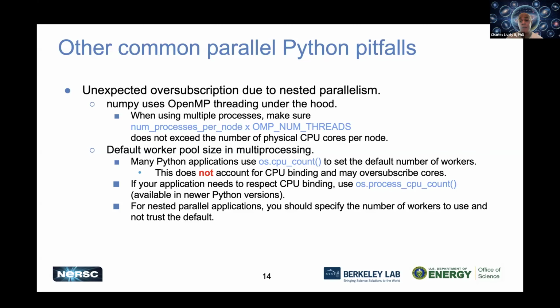If you need to respect appropriate CPU binding, make sure you use the process_cpu_count method instead, which is available in newer Python versions. Important to keep in mind with any nested parallel applications: specify the number of workers you're going to use, and do not just rely upon a default. Make sure you understand the resources you're allocating and what you're making use of, so you don't get any errors or waste your allocation.